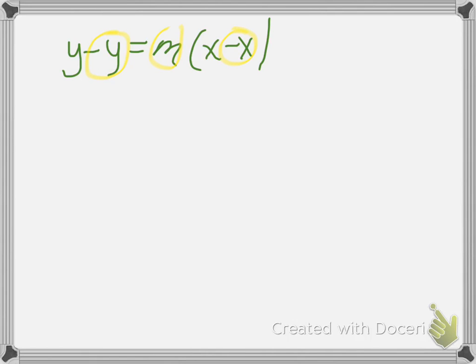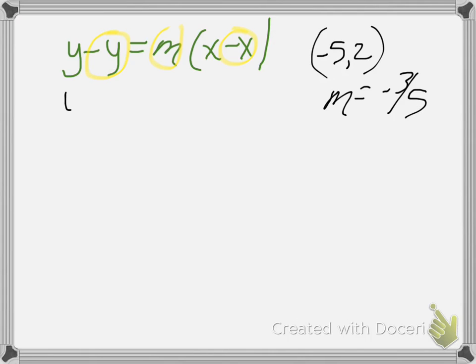They gave you the point -5, 2, and the slope of -3/5. So all you have to do is plug it in. I'm going to have a y, and then it says minus y, and I know my y is 2, so I'm going to put -2. I know my slope is -3/5.